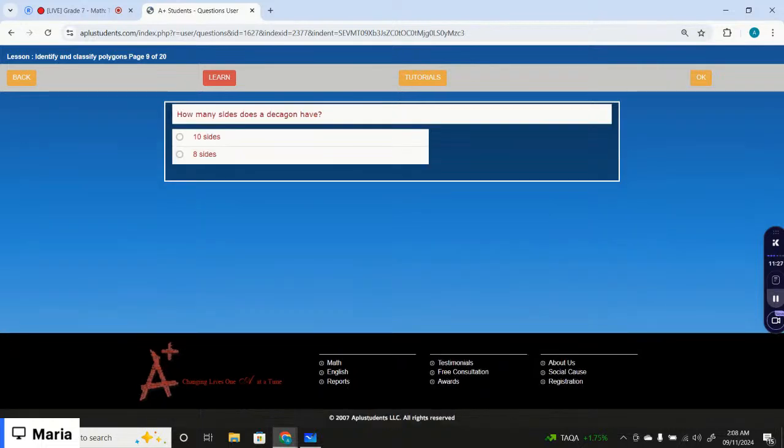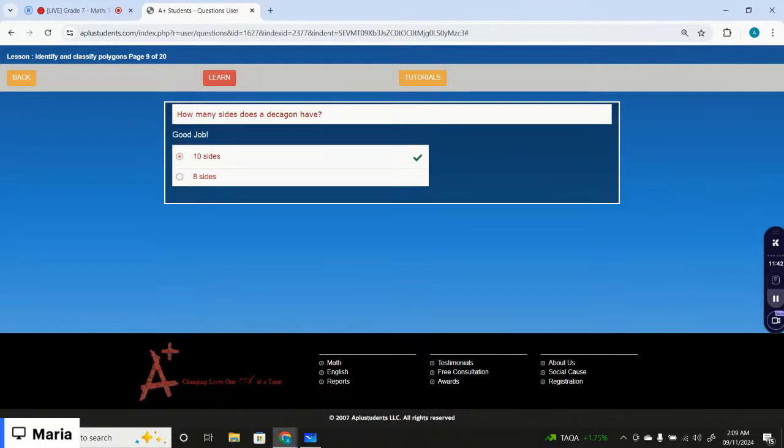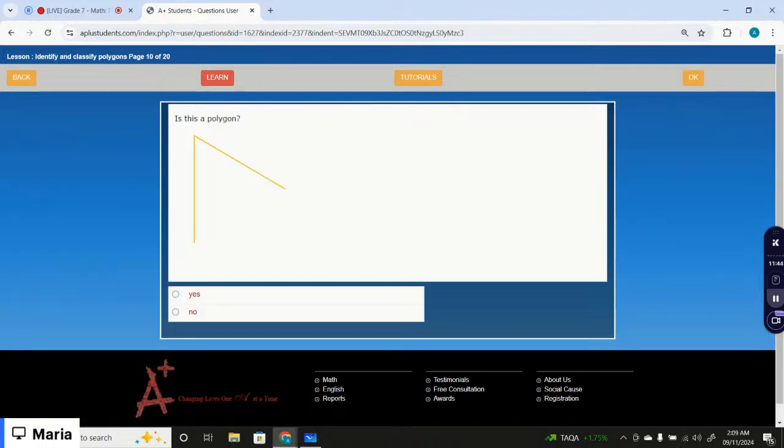How many sides does a decagon have? Decagon has 10 sides. The correct option is 10 sides. Option number one is the correct option. Is this a polygon?